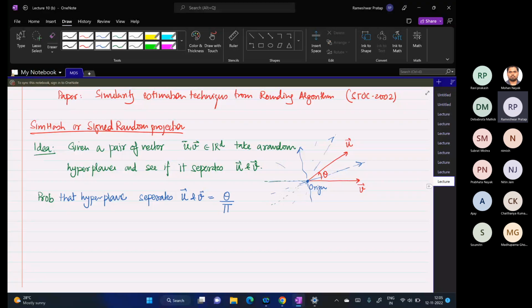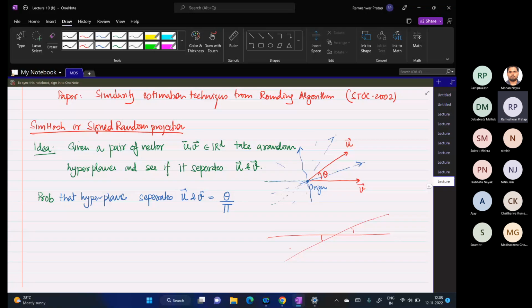Is this clear to everyone? Sir, why only the upper half? Okay, suppose your vectors are like this, it is symmetrical both ways.